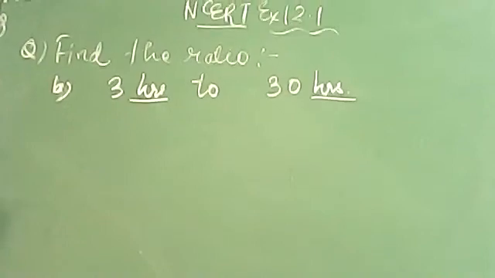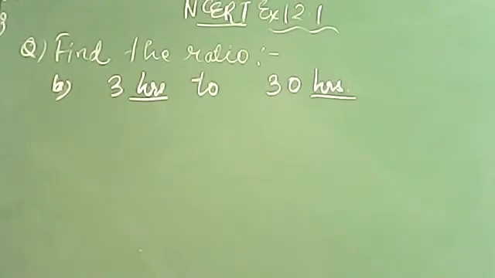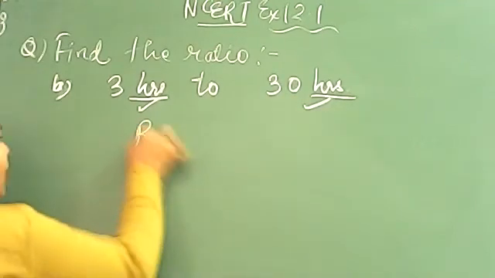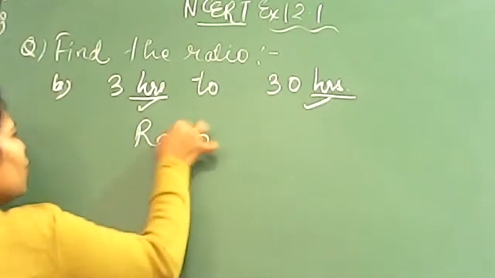If one is in minutes, another one should also be in minutes only. If one is in meters, another should be in meters only, not in centimeters. So remember, while finding ratio, the first step is to cross-check whether you have the same units or not. Clear? Now we have the same units here, so no need to do anything. Just find out the ratio.